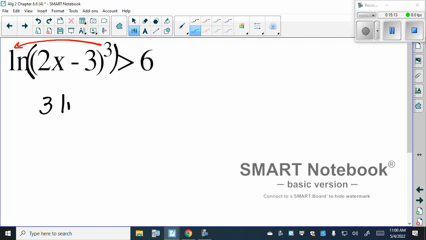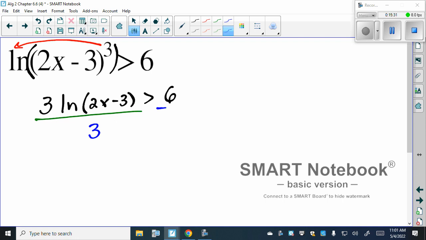Telling us that we have 3 times the natural log of 2x minus 3 is greater than 6. What can we do next? Divide by 3. Anything divided by itself is 1.